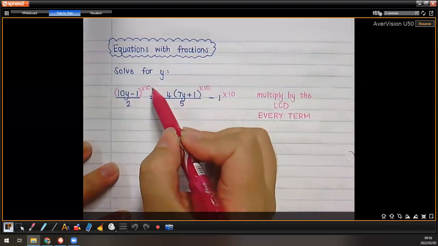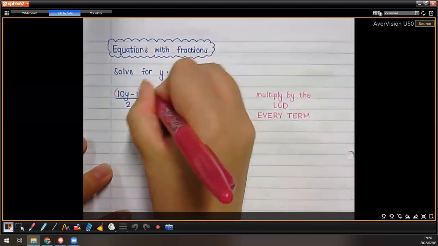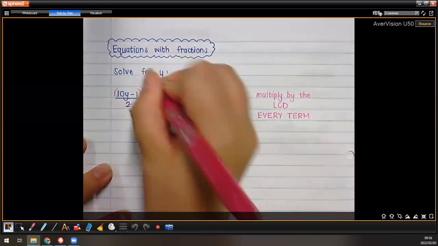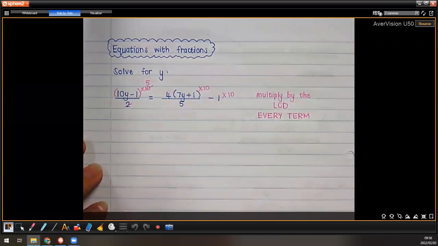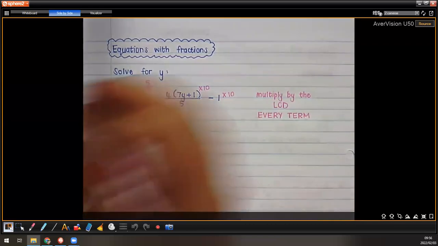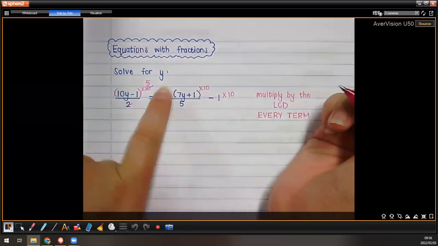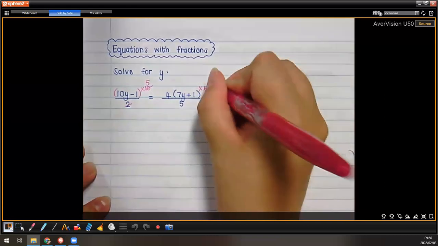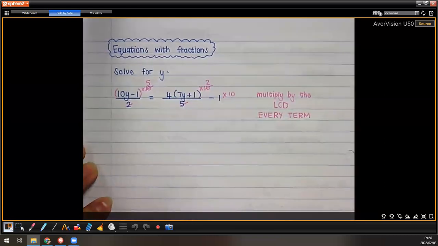Now what's happening here? What is 10 divided by 2? 5. That 2 is dropping away. We're canceling the 2 out essentially by saying 10 divided by 2 is 5. What is 10 divided by 5? 2. So I'm ignoring that 4 for now, I'm just looking at the 10. 10 divided by 5 is 2.